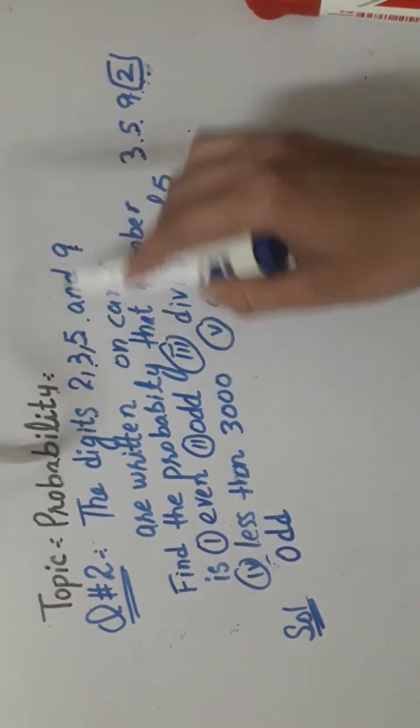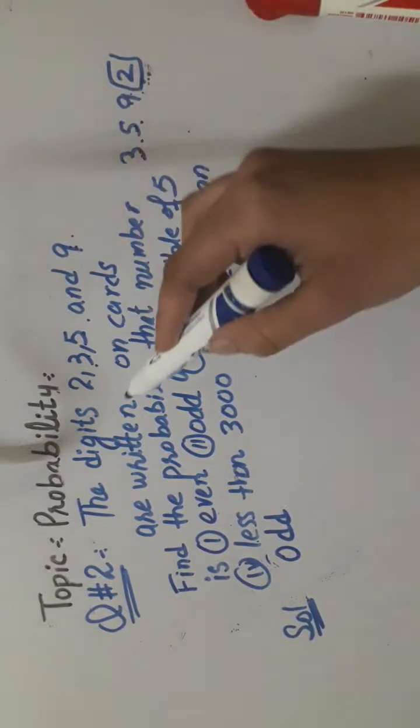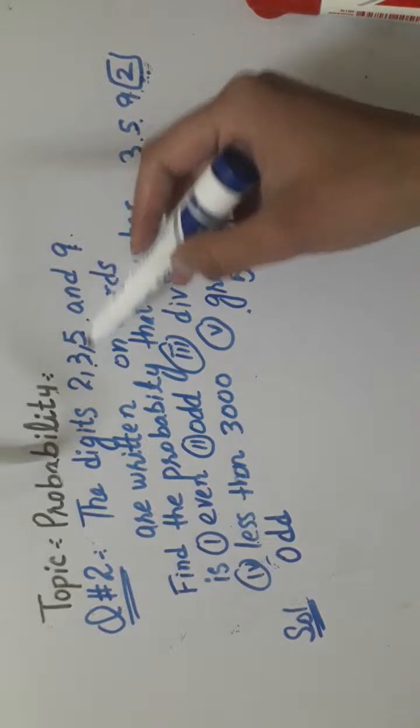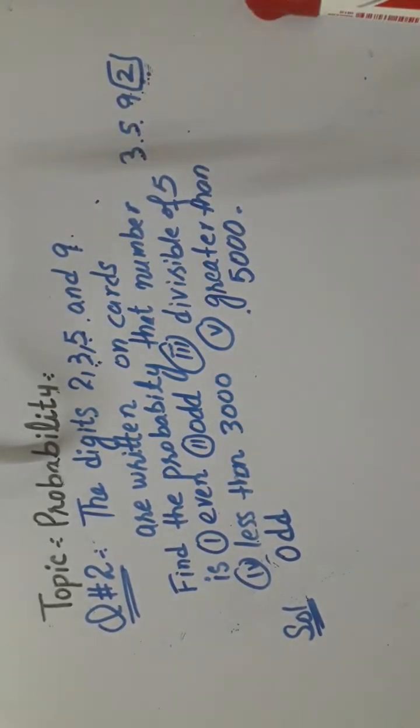These are the 3 odd numbers. So you will change the last digit, maybe 3, maybe 5, maybe 9, from these 3 numbers, because these are the odd numbers, not even numbers. So we will find the probability of this.